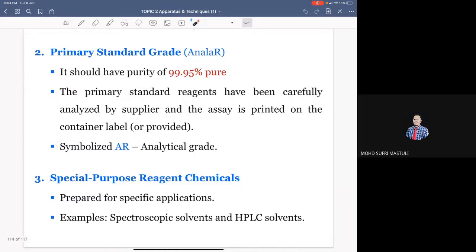Next is primary standard grade, analytical grade. It has a purity of up to 99.95%. The primary standard reagent has been carefully analyzed by the supplier, and the assay is printed on the container label. Symbolized is the analytical grade.